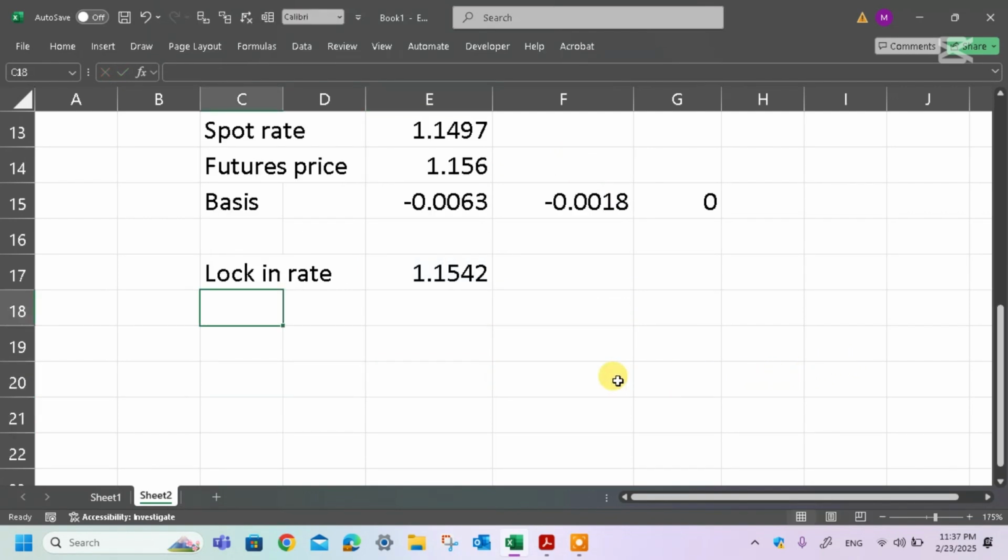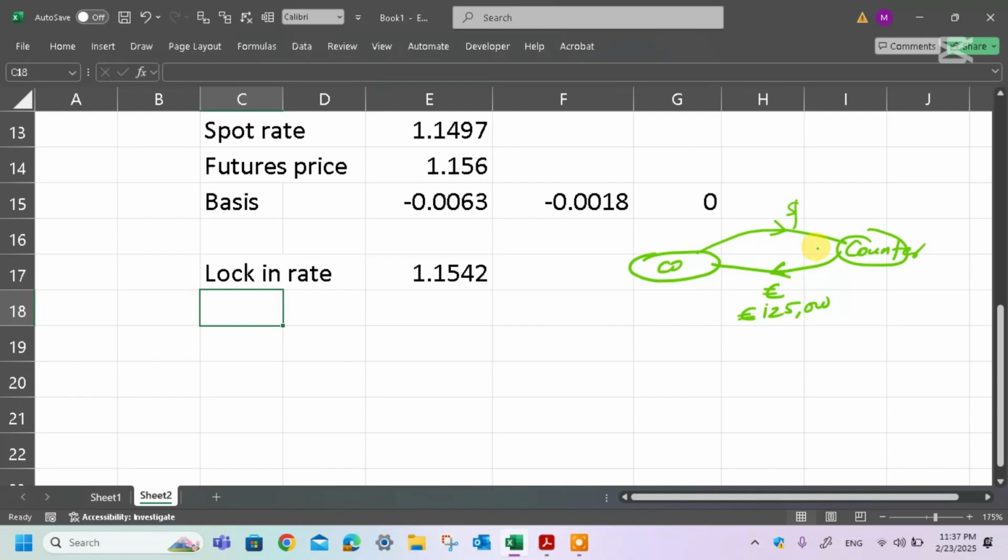Done. So how the futures transaction effectively would be working? Effectively, it's not the real transaction, it's not how the transaction is actually done, but the impact is going to be like this. The company and counterparty, you pay dollars to buy euros. Euro, how much are you going to give? 125,000 euro you will get.